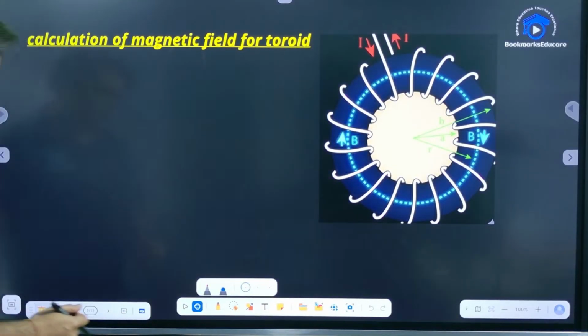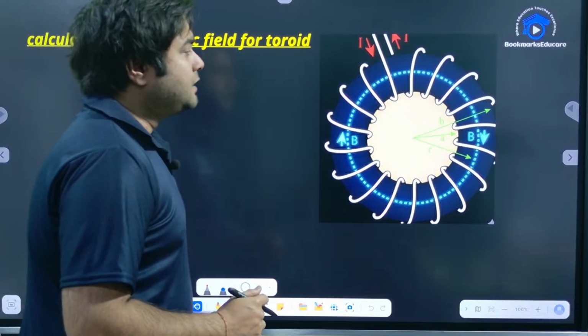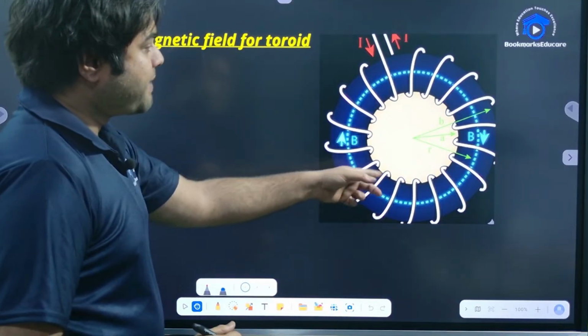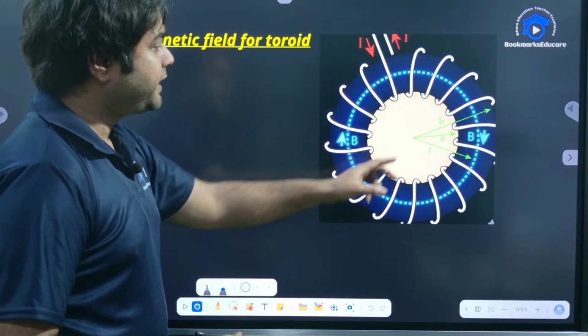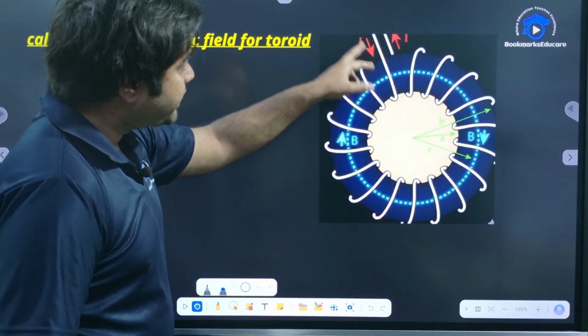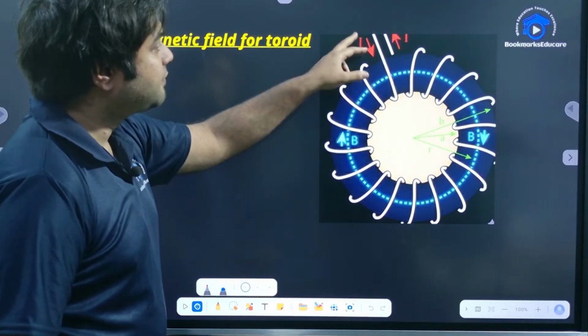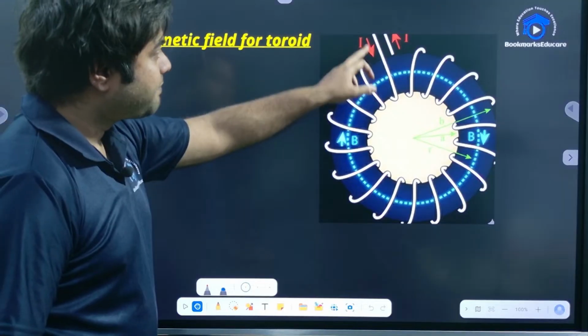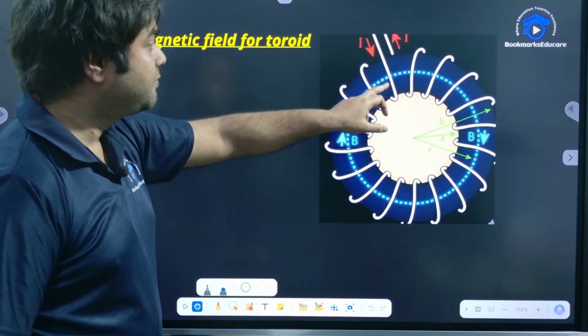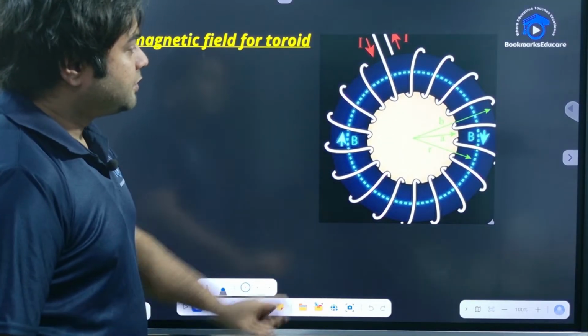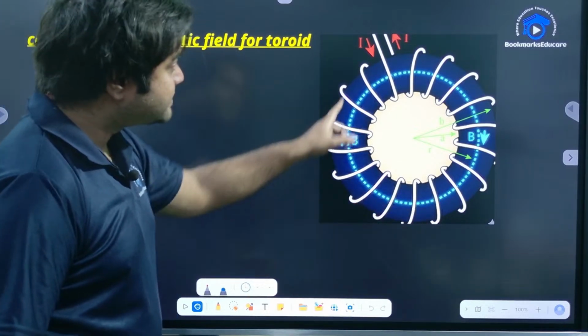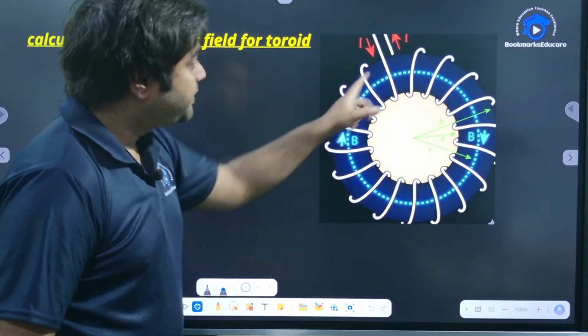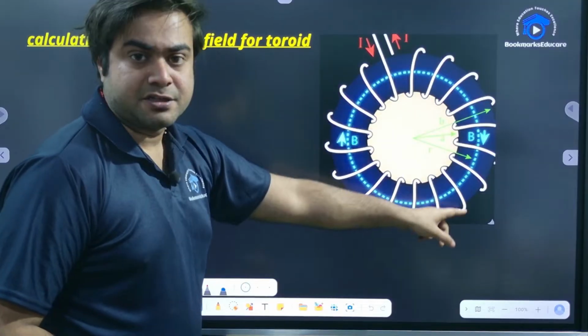In a toroid, there will be a magnetic field created, according to the direction of the current. We can say that here you use Ampere's right hand thumb rule. The magnetic field inside the toroid will be clockwise in nature.